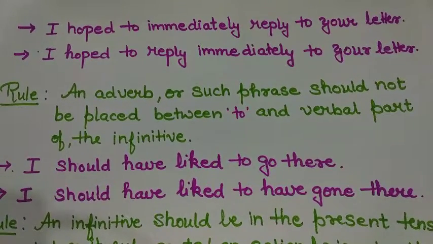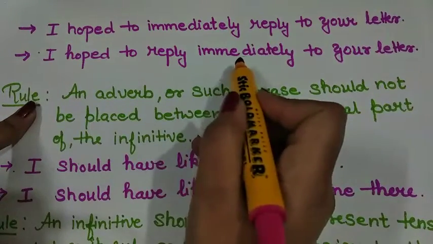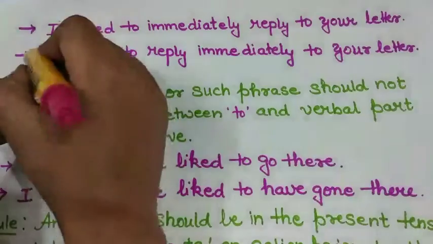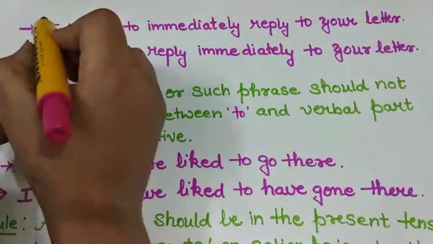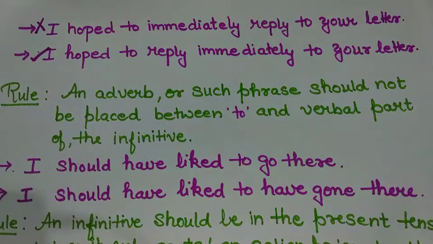I think this is the easiest one to understand, as to which one makes sense. The second one, I hoped to reply immediately to your letter, is correct, and the one above, I hoped to immediately reply to your letter, is the wrong sentence.